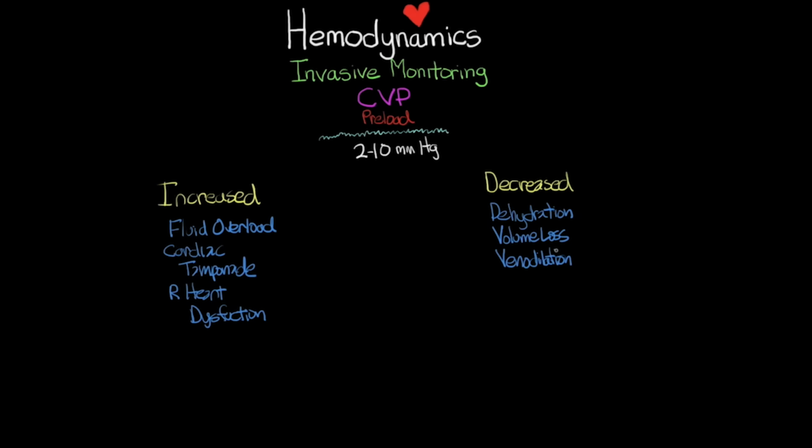And this is essentially dilation of the veins that cause pooling of the blood, not allowing it to be returned to the right atrium. All of these things are going to contribute to a decreased volume returning to the heart, therefore a decreased preload, and you will be able to measure this with a decreased CVP.